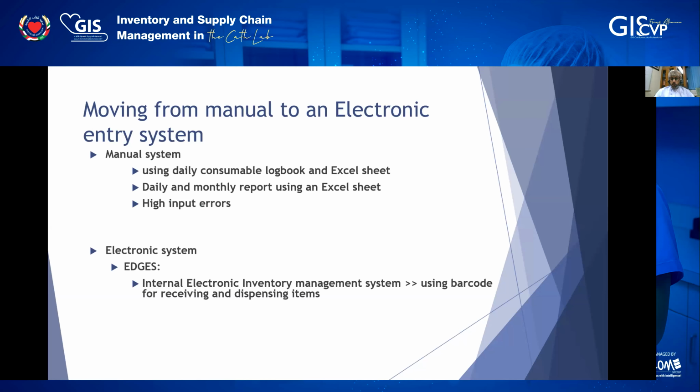And we now have 2 electronic systems. One of them is an internal system within our hospital, which we call Edges. In this system, we use the barcode reader to receive and to dispense our items. We have another system which is external. I will talk about it later.